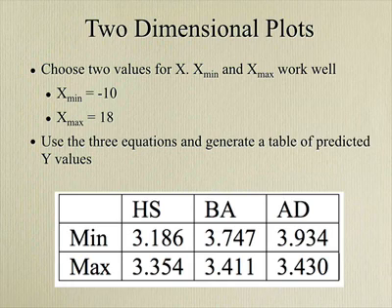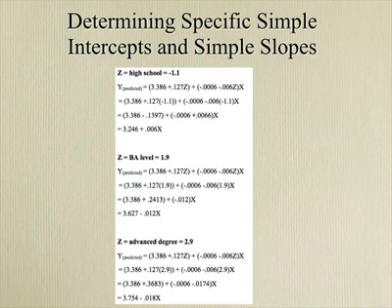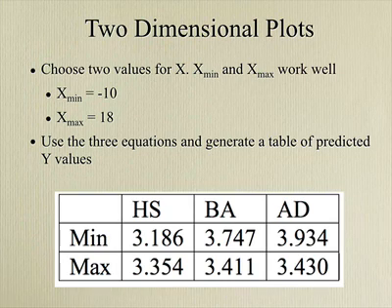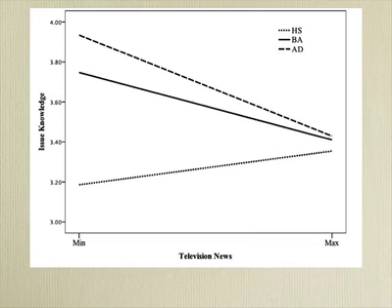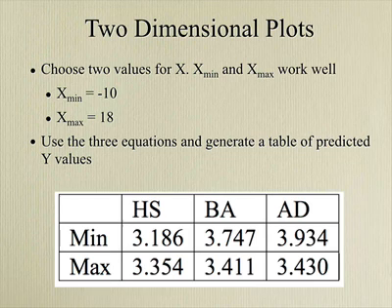And so if we plug minus 10 and minus 18 into these 3 equations for high school, BA, and advanced degree, you're going to get these values, okay? And then with those values, you could use any number of tools, but this is SPSS. I just put a table that looked just like this into SPSS.